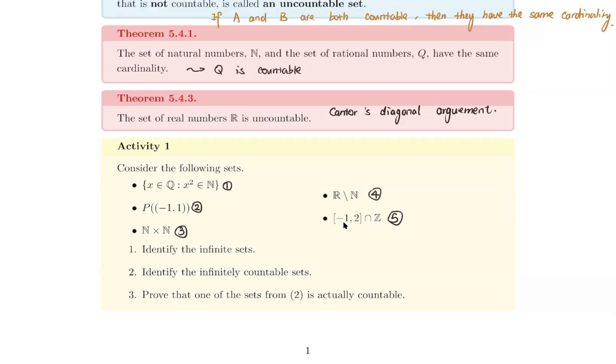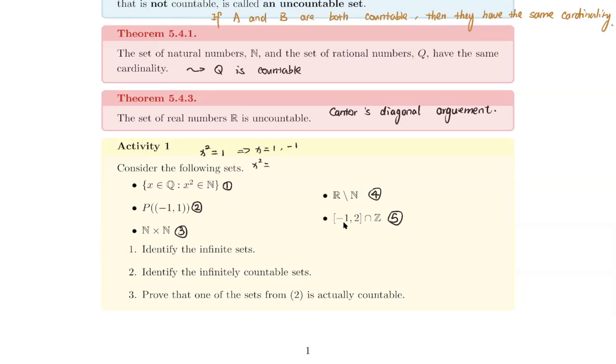Such that x squared is a natural number. So let's write this down. x squared equals 1. So what's x? x is 1 or negative 1.